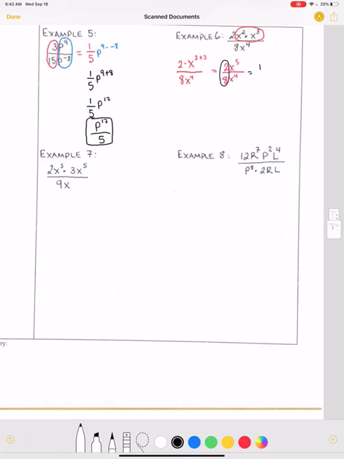I can reduce that to 1 over 4. And then I have x to the 5th over x to the 4th. This is going to be x to the 5 minus 4 power. And that's going to become 1 over 4 times x to the 1st. And I'm going to put x in the numerator. So it's going to be x over 4.